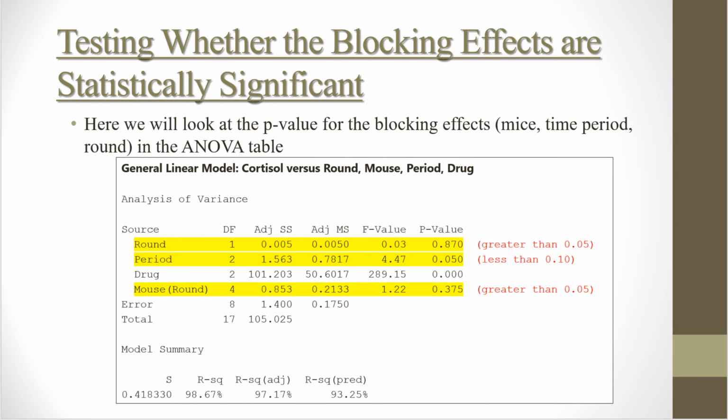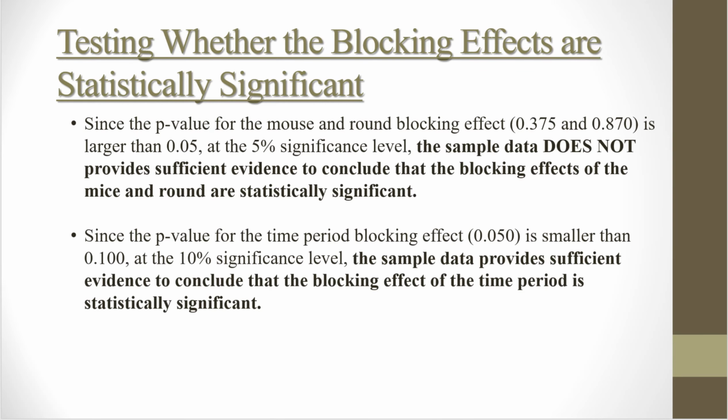So in this output, we can see a couple key things here. So the round effect is insignificant. The mice nested in the round is insignificant, and the time period is significant at a 10% significance level. So you can state these formally. I'm just going to do it for one of them.